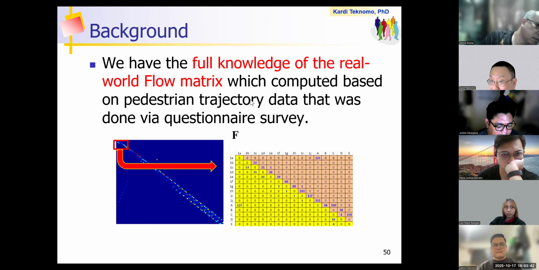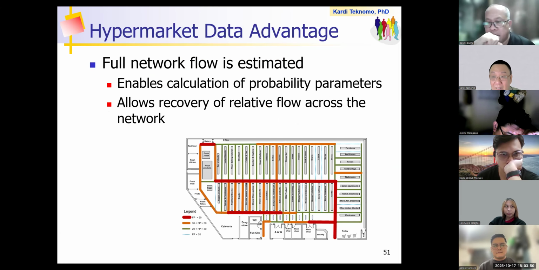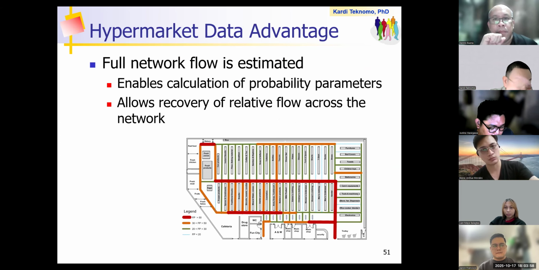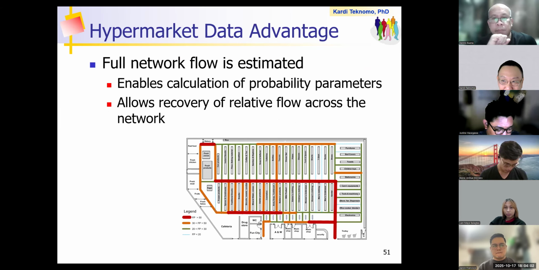It was done via questionnaire survey in 2009. Now this full network flow is estimated from here. You're supposed to be able to compute the probability parameter in each intersection, and then recover the relative flow across the network.